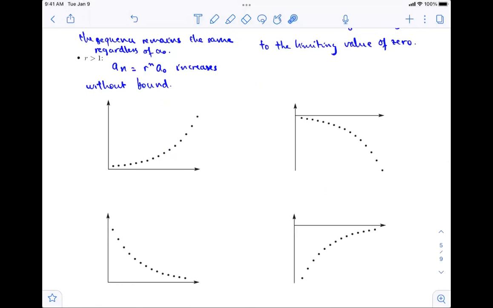Okay, so you have multiple graphs here to indicate the long-term behavior of the sequence or of the discrete exponential functions. For the first graph, this increases without bound. This is the case when r is greater than 1 and a0 is a positive number.